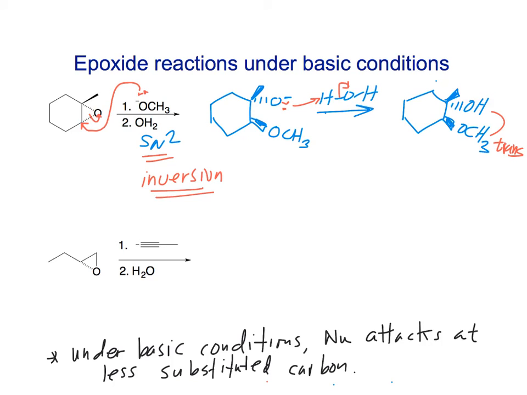In this reaction, we're using this acetylide anion, and it's very basic, very strong nucleophile, and so it's going to again attack at the less substituted end of the epoxide ring. It's going to open up that epoxide ring.